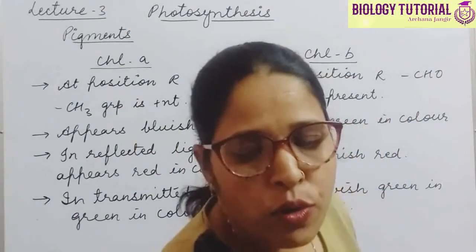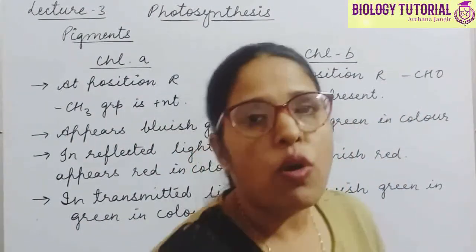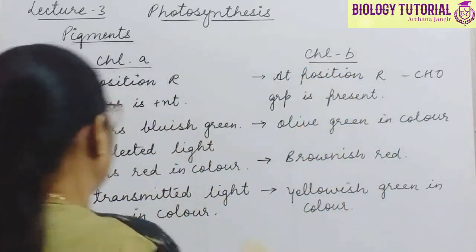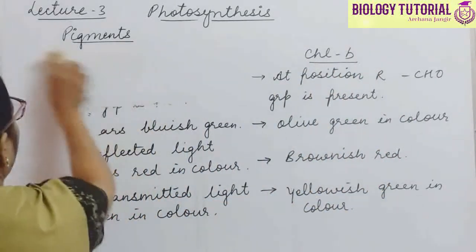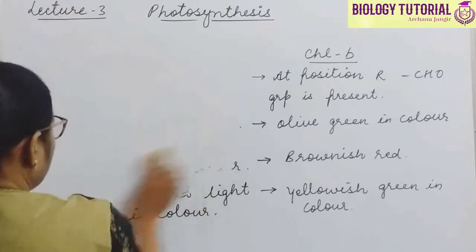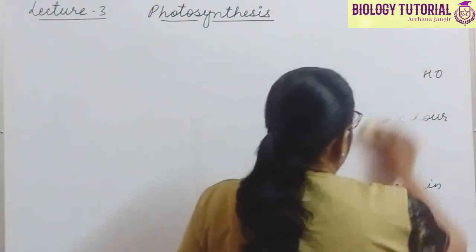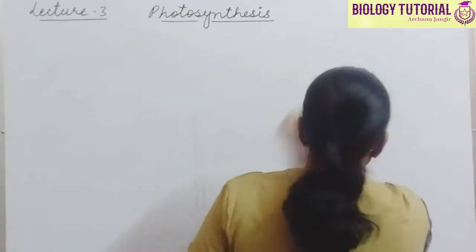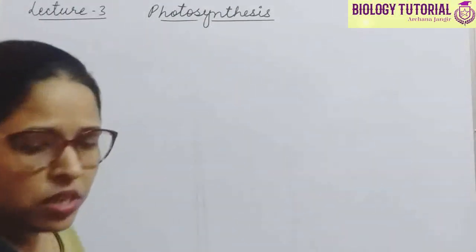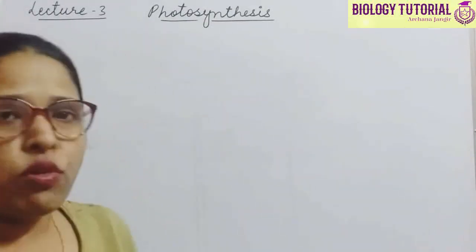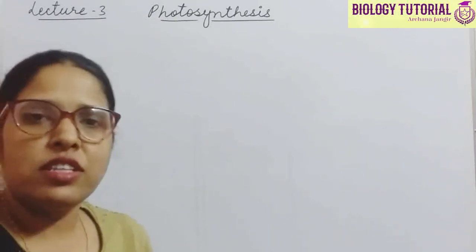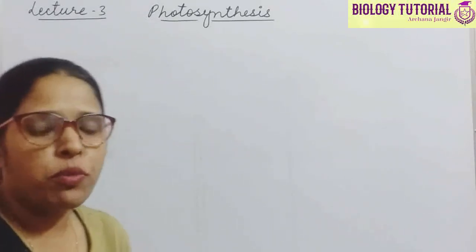Now we are going to discuss the structure of chlorophyll. Clear? So I am drawing the structure of chlorophyll A. Only one difference is there, that is the functional group.